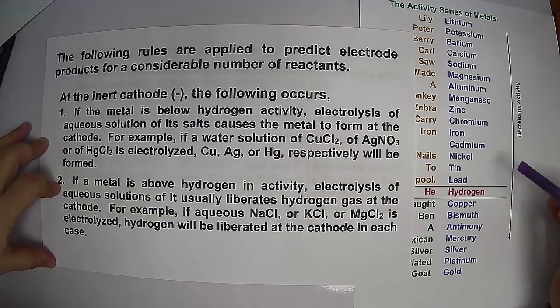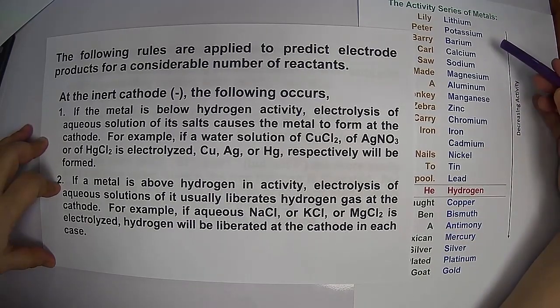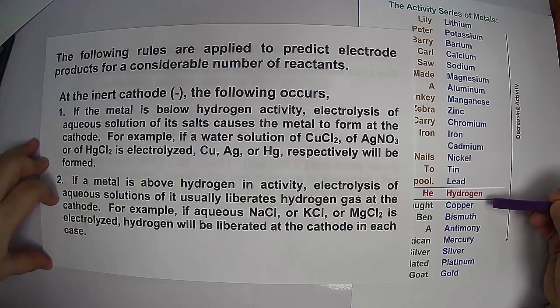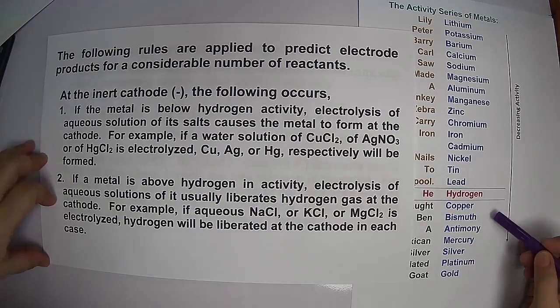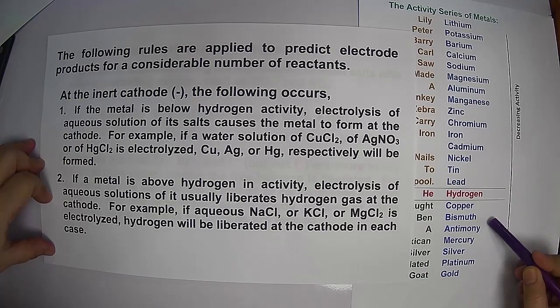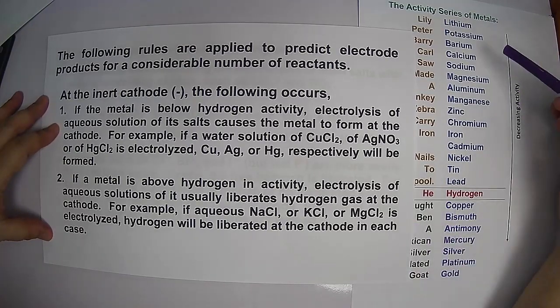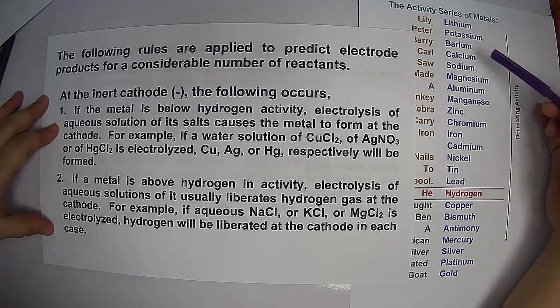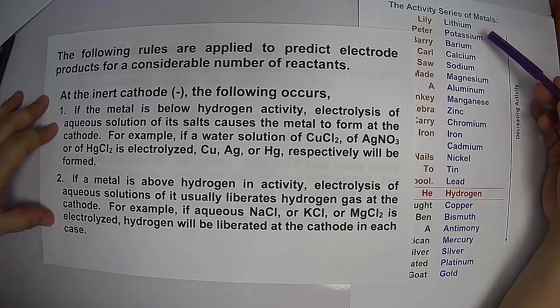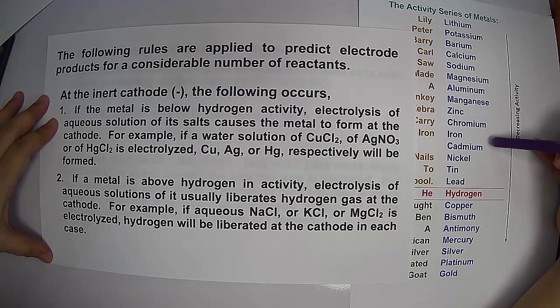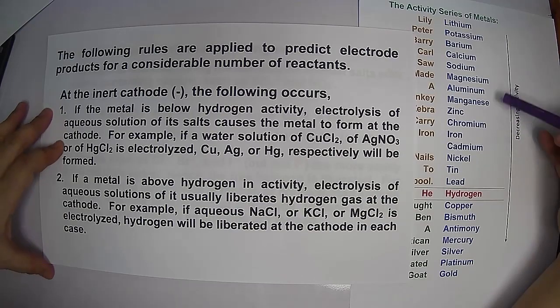If the metal is above hydrogen in activity, electrolysis of its aqueous solution usually liberates hydrogen gas at the cathode. For example, if an aqueous solution of sodium chloride, potassium chloride, or magnesium chloride is electrolyzed, hydrogen will be liberated at the cathode in each case.